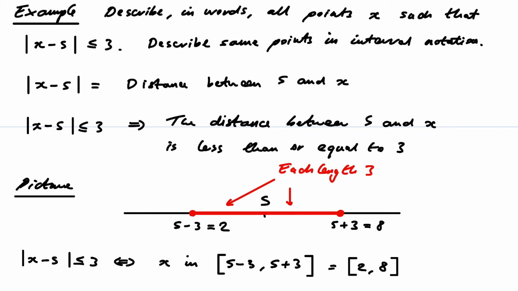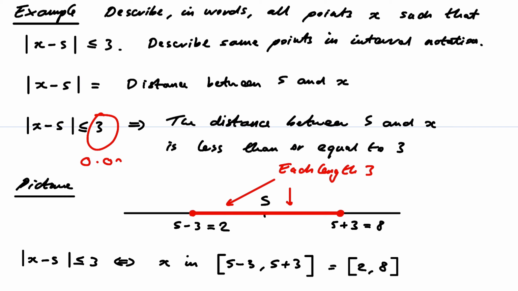So for a moment, why is this proximity? Well, imagine I wanted to talk about points which were very, very close to 5. I wanted to look at points which were within a tiny distance. Well, then what would I do? All I would do would be replace the 3 here with something much, much smaller.